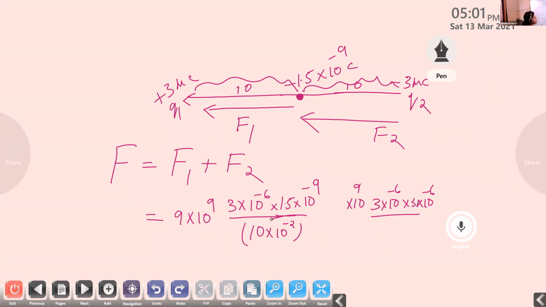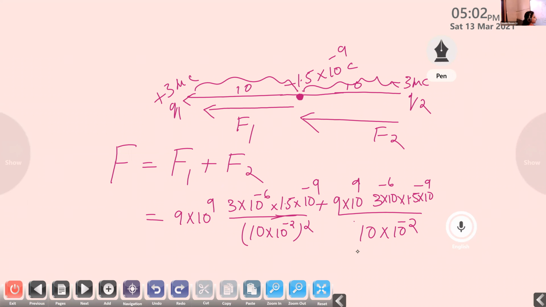Similarly here also, plus 9 × 10^9 × 3 × 10^-6 × 1.5 × 10^-9 divided by 10 × 10^-2 the whole squared, right?